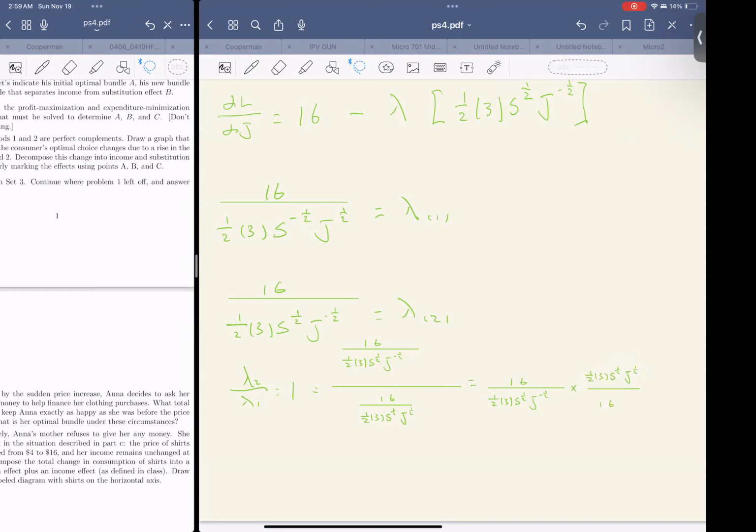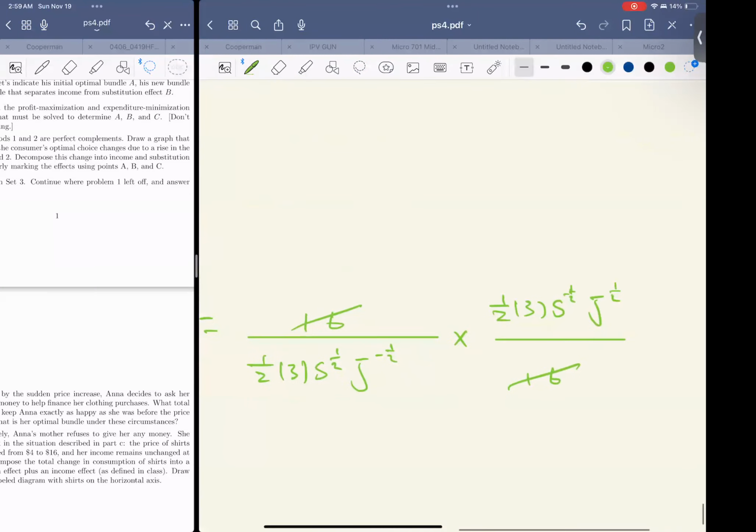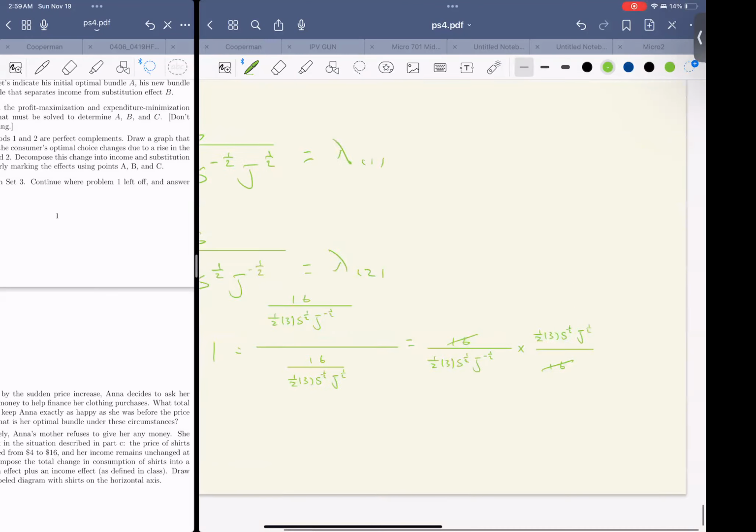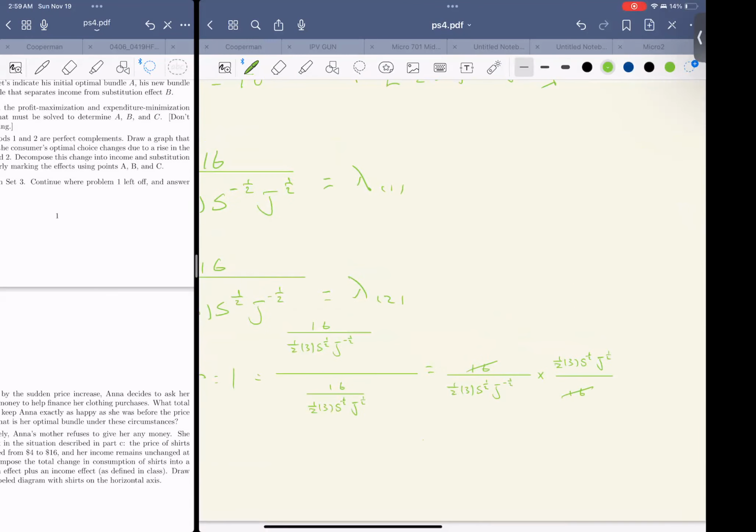Okay, beautiful, so we cancel out. The 1/2 cancel out too. Let's just cancel out the things that we can.